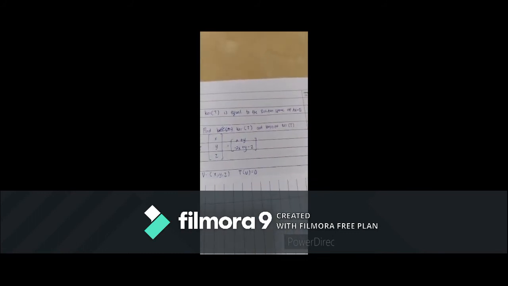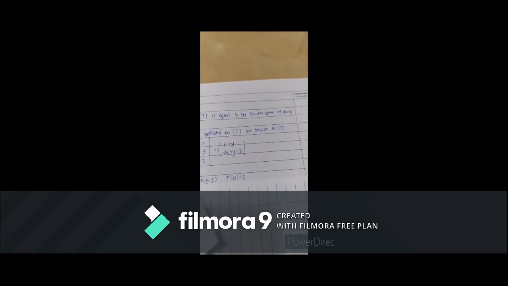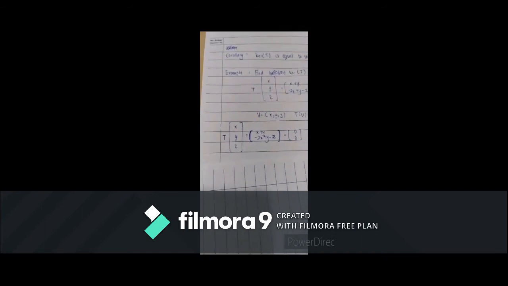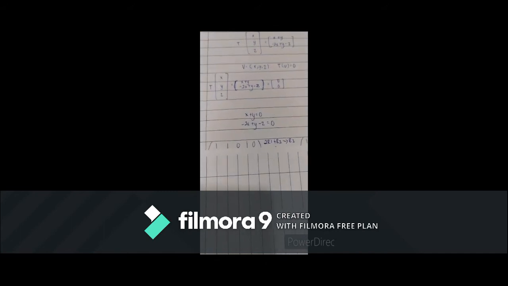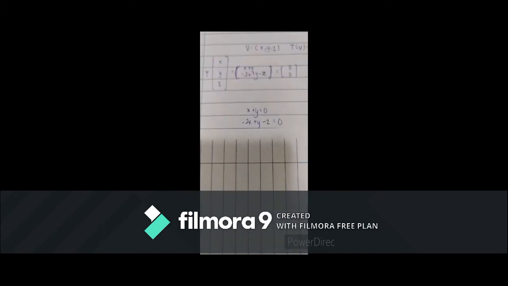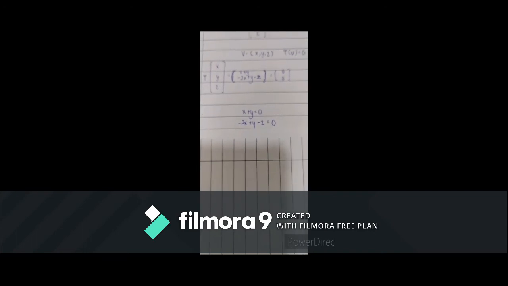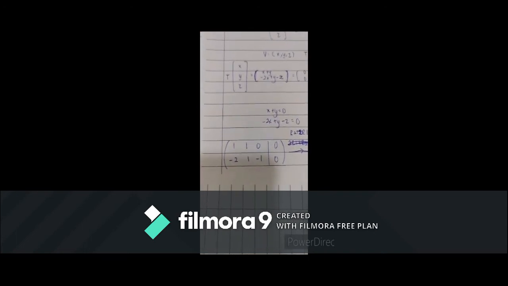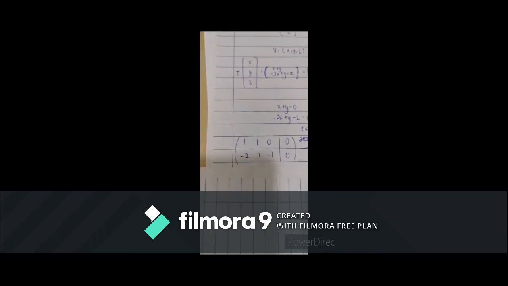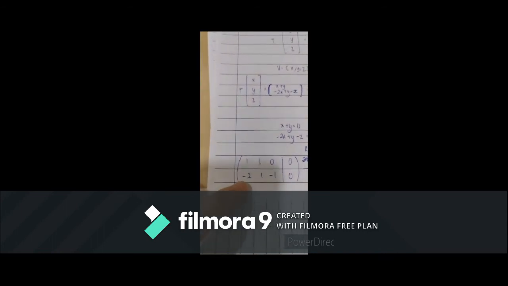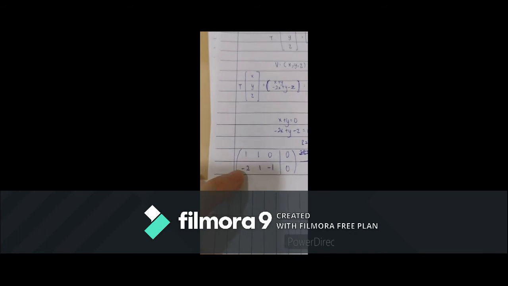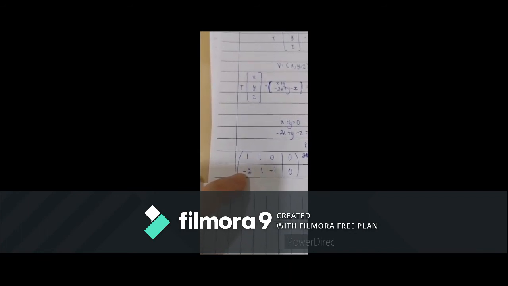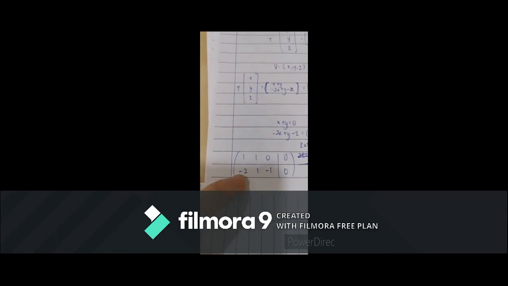Okay, after that we solve the homogeneous system, and it will be like this. After we get this, we can solve it using the homogeneous system. What we must do is let this negative 2 be 0.